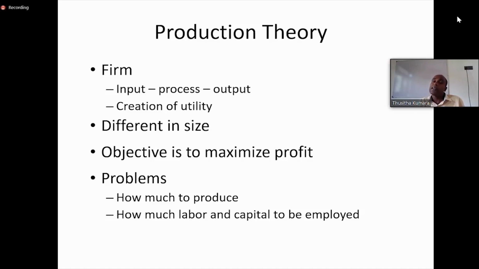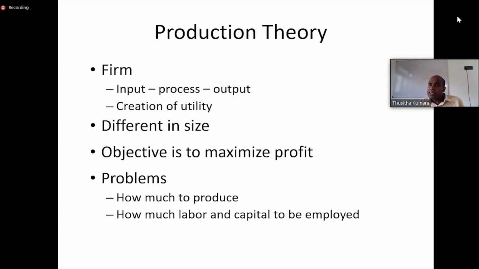So there is a model called production functions, or production theory, using these ingredients. Let's see what it is. For that, first we need to identify two entities. The first is called a firm. The other is called the industry.